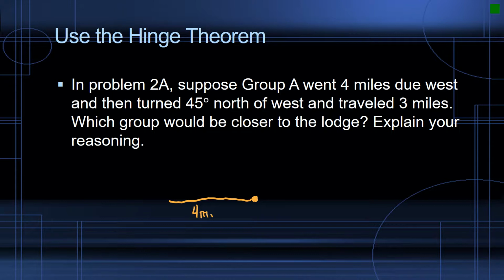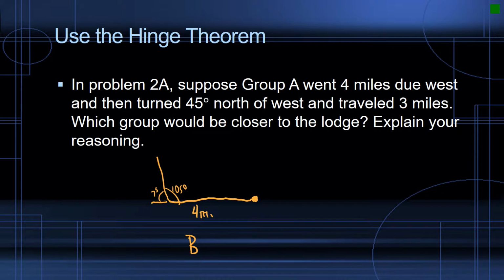Their path didn't change. And then they turned 75 degrees north. And so that exterior angle was 75. We figured this interior angle was 105. Okay, that's group B.